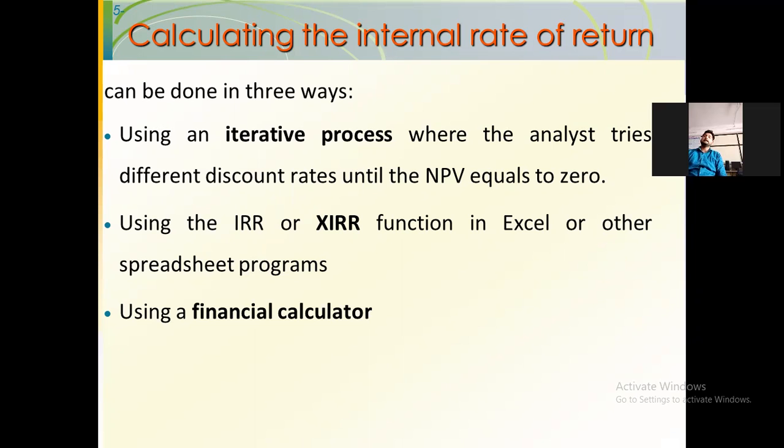First is using an iterative process, where the analyst tries different discount rates until the NPV equals 0.